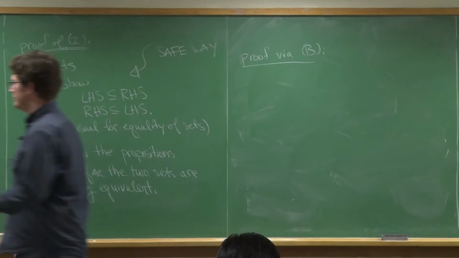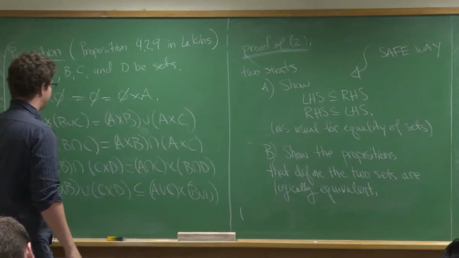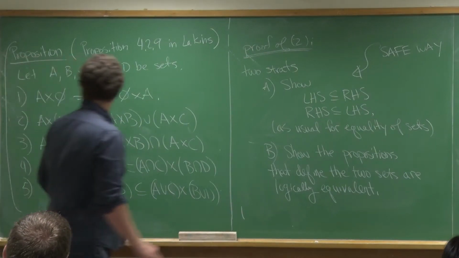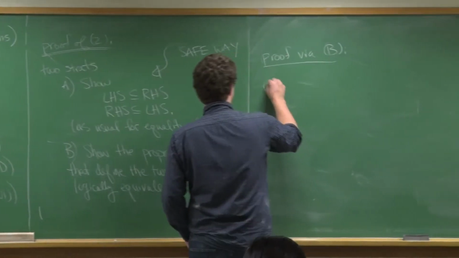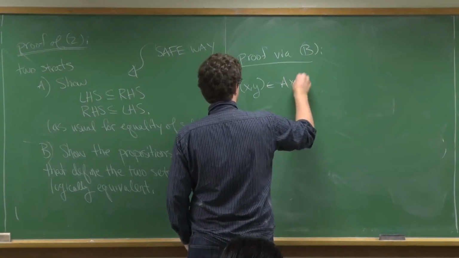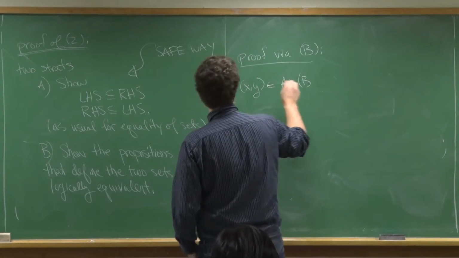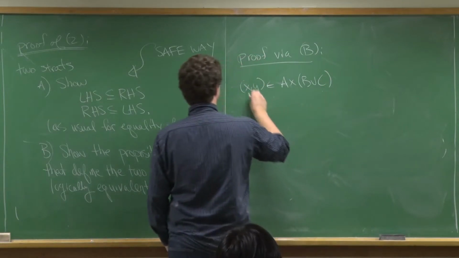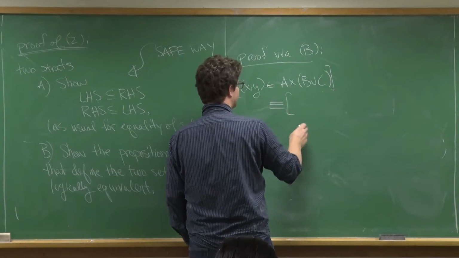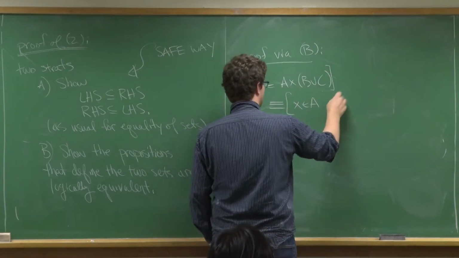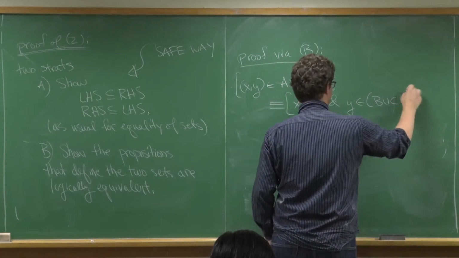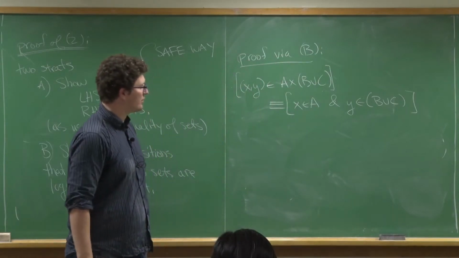We need to show that an element here is exactly the same thing as an element here. So (x, y) is an element of A cross (B union C). This proposition is equivalent to the proposition that x is an element of A and y is an element of B union C. Those two things are logically equivalent.